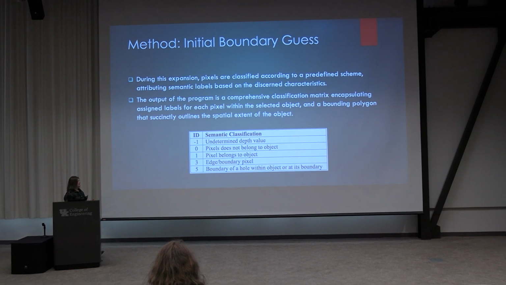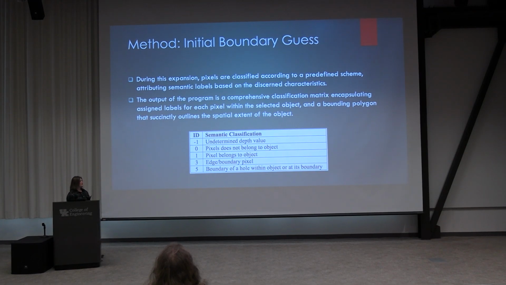Undetermined depth values come from failed signals, from occlusions by other objects, or from jagged edges of objects. This is where the uncertainty would come from.